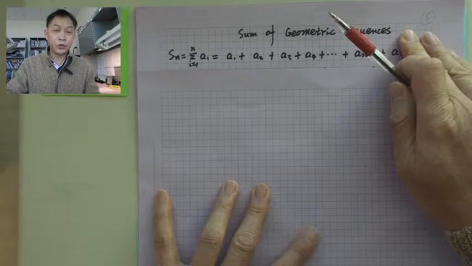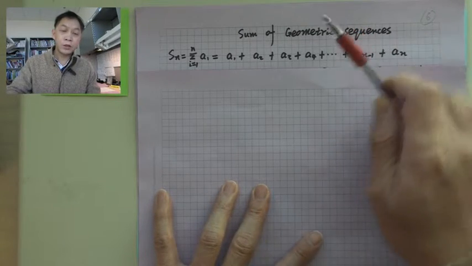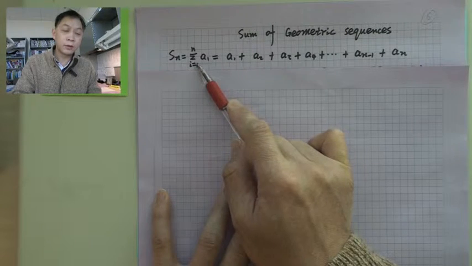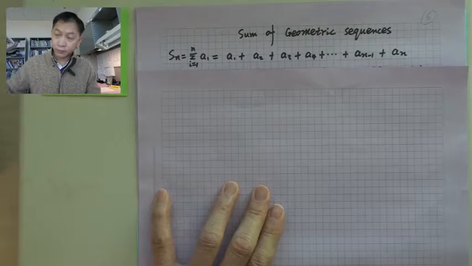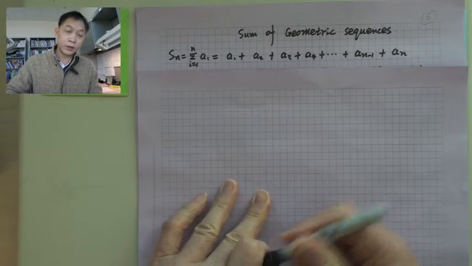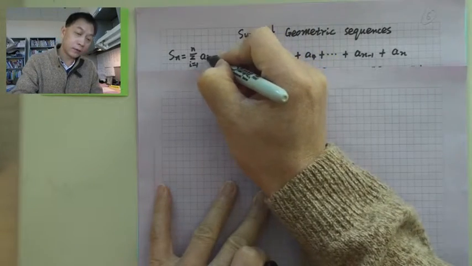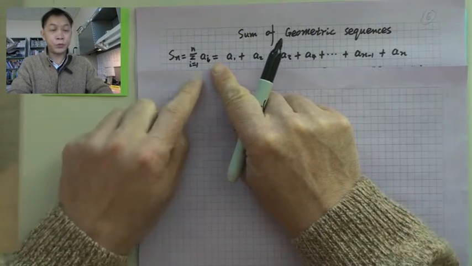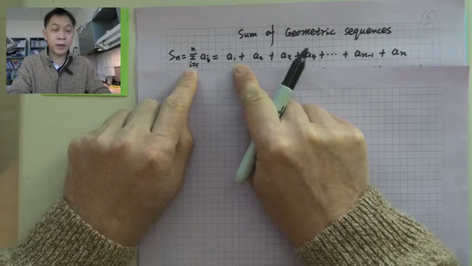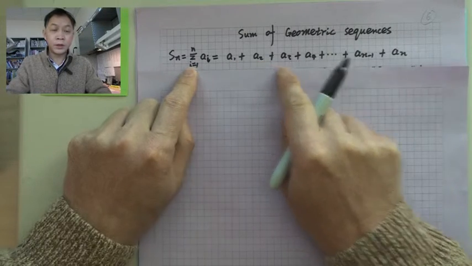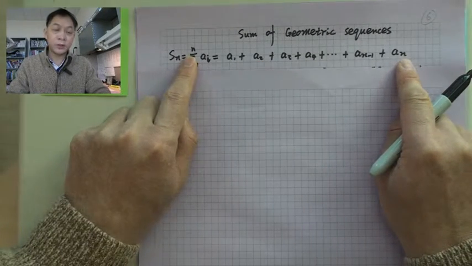Now then, by definition, sigma i ranges from 1 to n means here is a sub i. Then I choose 1 to n. So i is 1, the first one. I can choose 2, until the ending subindex.